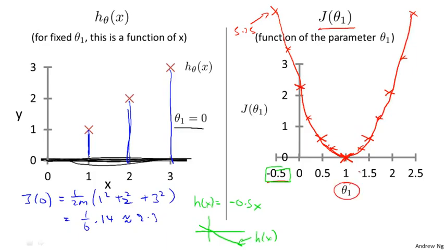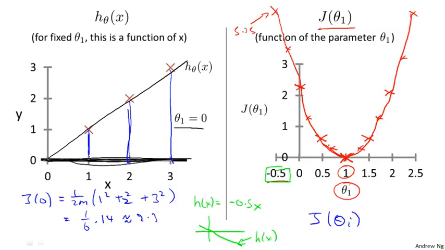To recap, each value of theta 1 corresponds to a different hypothesis, or to a different straight line fit on the left. And for each value of theta 1, we could then derive a different value of j of theta 1.